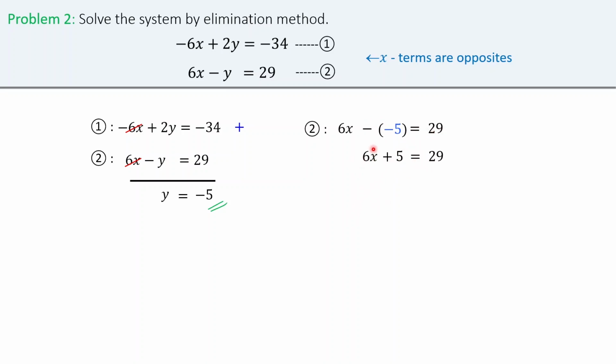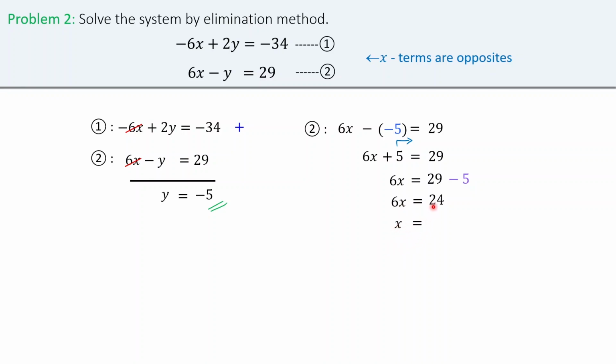Now isolate this term by moving this term to the right. 6x is equal to 29, positive 5, so add negative 5. 6x is equal to 29 minus 5, that is 24. Now divide both sides by 6 and isolate x.